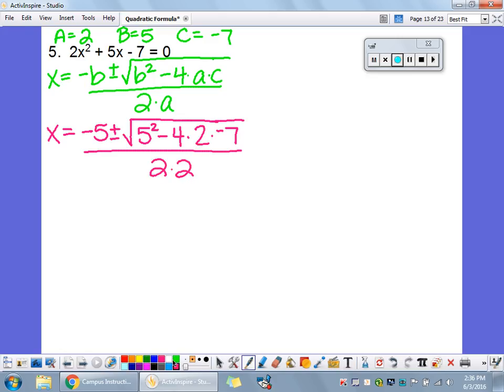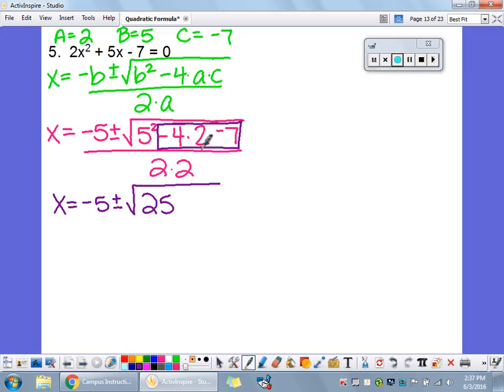Okay, again, we're going to start with the discriminant, which is the part that's underneath the radical sign. We're going to simplify this part first. So x equals -5 plus or minus the square root of 25 -4 times 2 times -7.